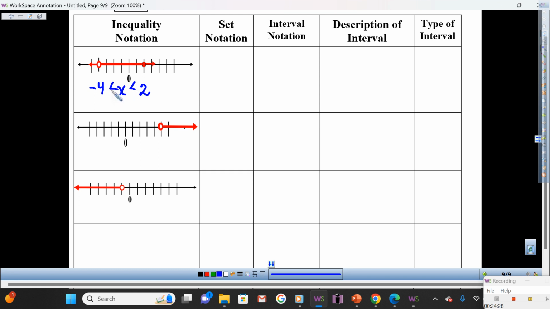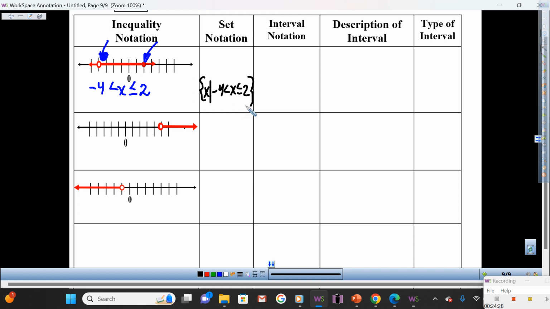And let's look at the solid points. Is this one a solid point right here? No, that's why it stays like that. Is this one a solid point? Yes, so I put an equal sign. So that's my inequality notation. Hands, have you got that by yourself? Okay, some of us. All right, set notation. Mr. Q, all right. Solution set of x such that -4 < x ≤ 2.